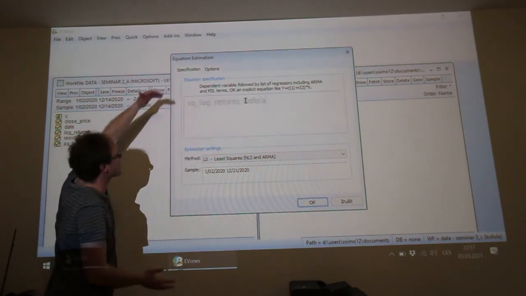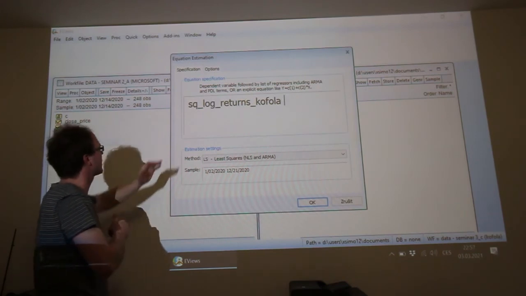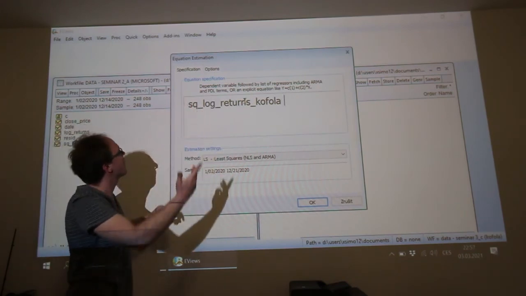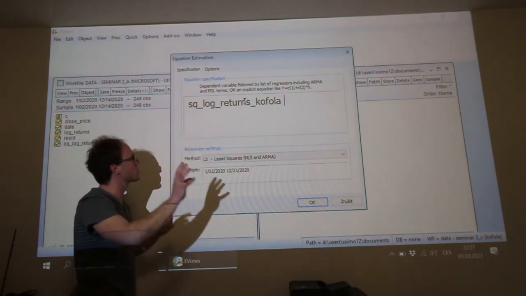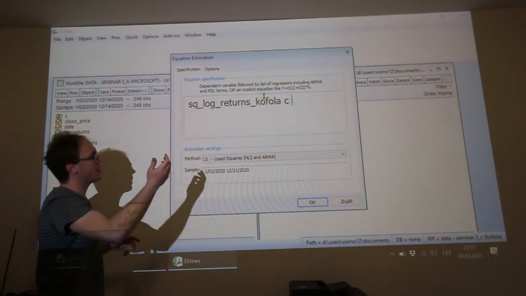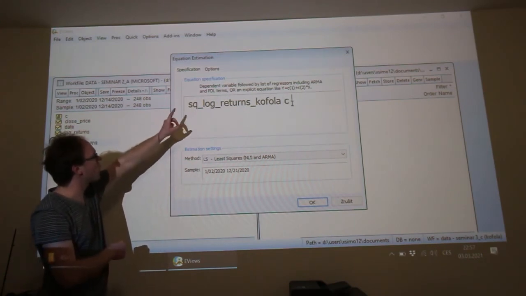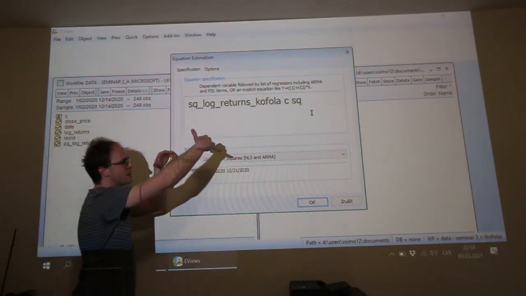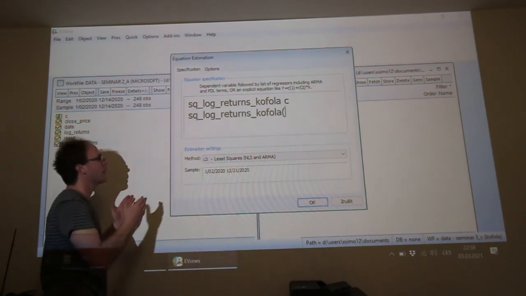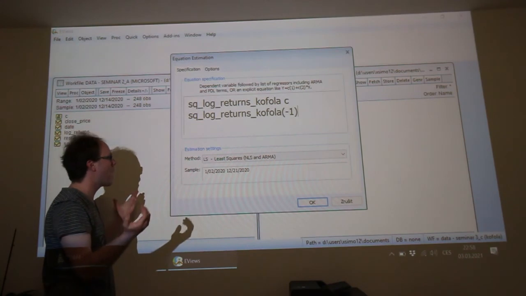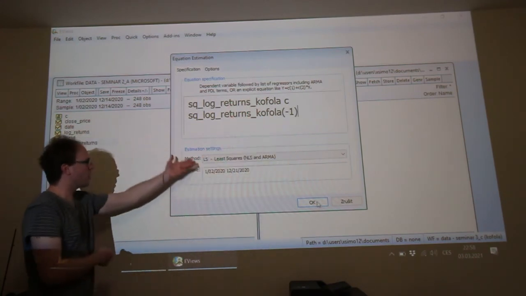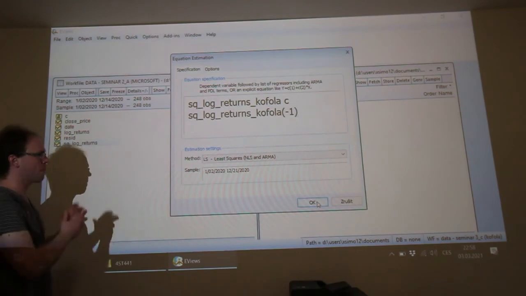We can increase the size. The independent variables, the list of regressors, are constant, the intercept, space, and squared log return Cofola in t minus 1. Square log return Cofola, and in parentheses we write minus 1. Again, we will use the classical least squares method on all samples.